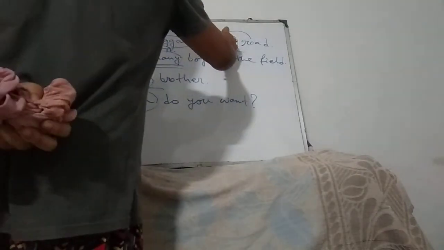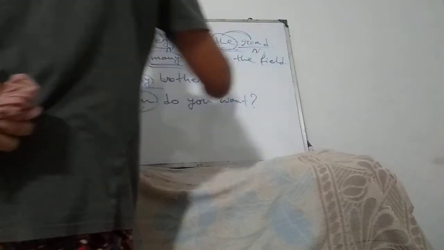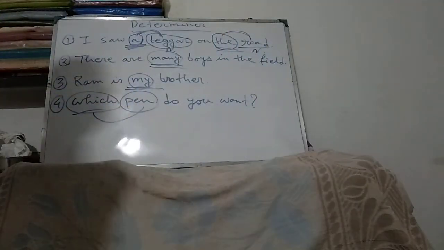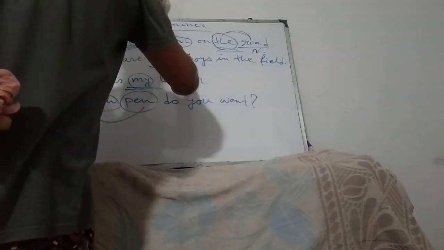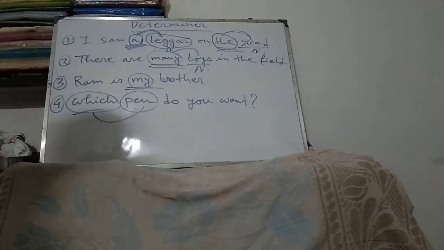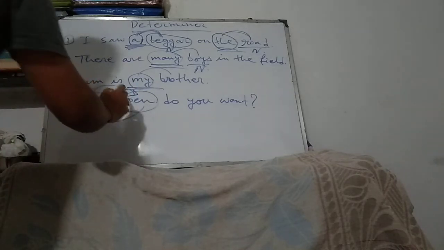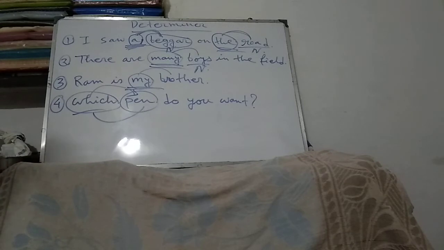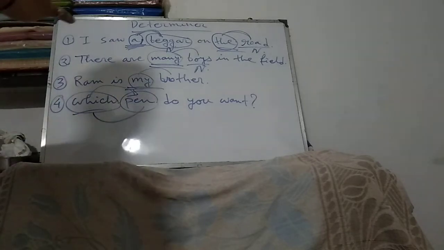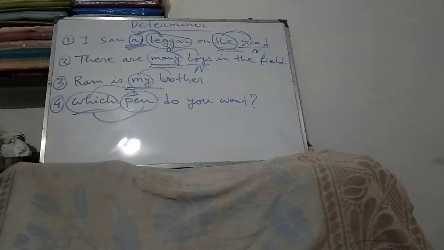Similarly, the is also followed by a noun. Similarly, many, my, and which pen, are also followed by a noun. That means a determiner always precedes or comes before a noun. That is the main point.